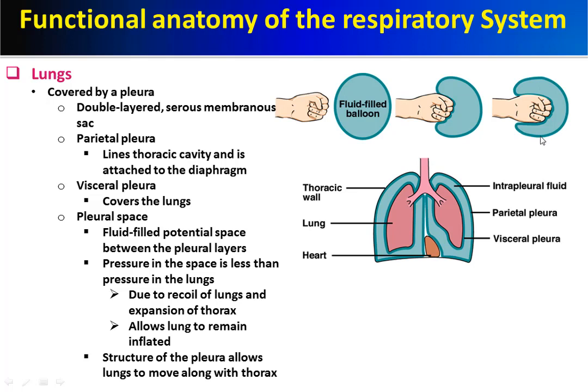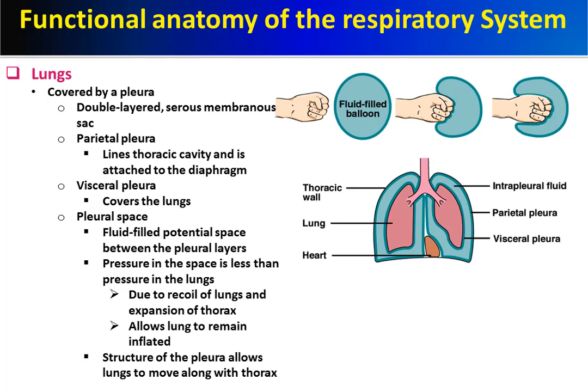Rather, it will be a double-layered sac like this. This is a layer and this is another layer. So now the pleura becomes a double-layered serous membranous sac, serous meaning that it is filled with a thin fluid layer, which now has two layers and is taking the shape of the lung.